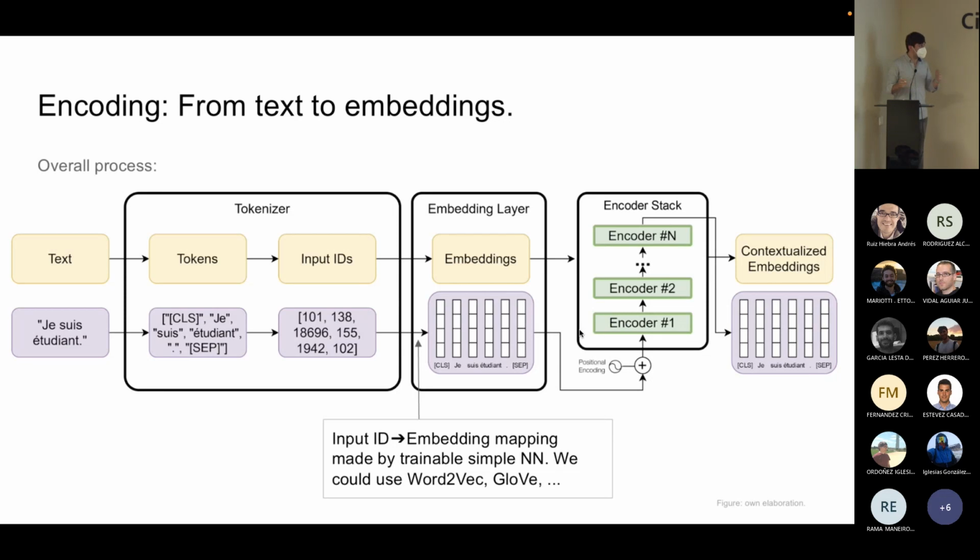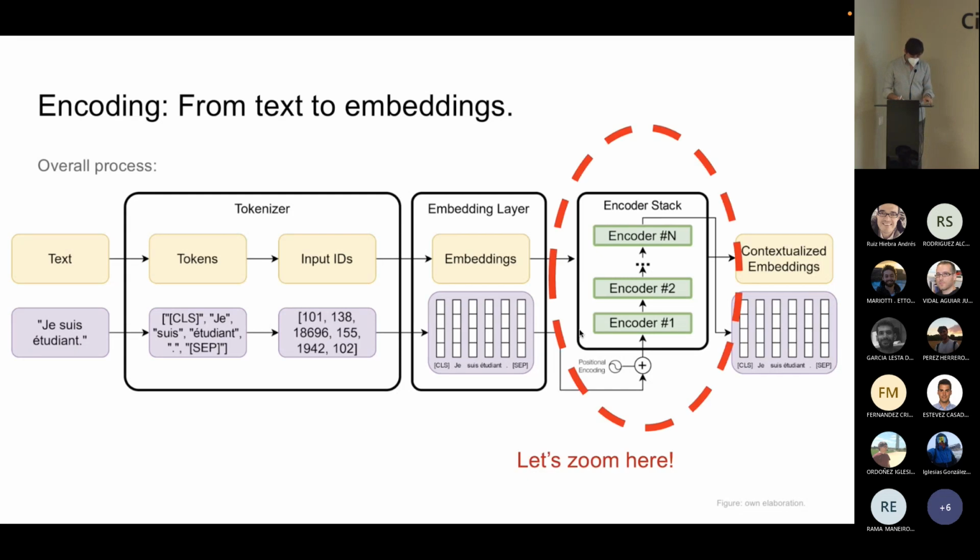So keep this in mind because it's easy to mix up. First, we tokenize, we give input IDs to the words. Each word that is now a number gets a vector representation, and that starts to flow in the transformer.